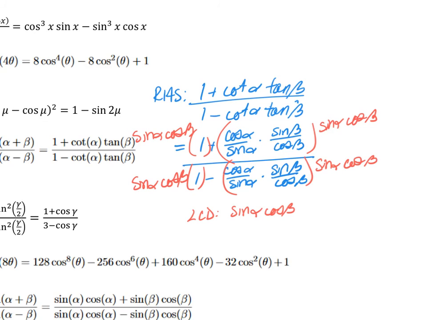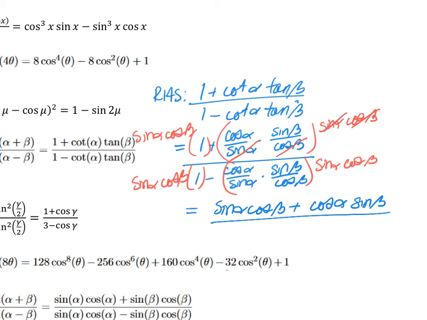When I do that, let me get some more room here. When I multiply my 1 by the sine alpha cosine beta, I just get the sine alpha cosine beta, plus when I multiply the second term, my sine alphas cancel and my cosine betas cancel, leaving me with the cosine of alpha and the sine of beta. In the denominator, I have something similar.